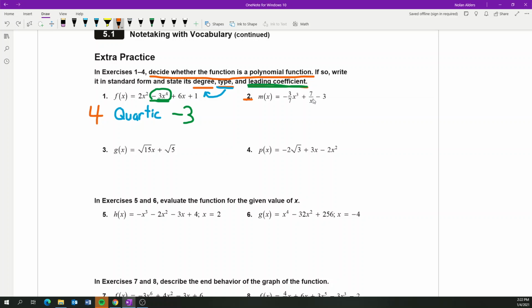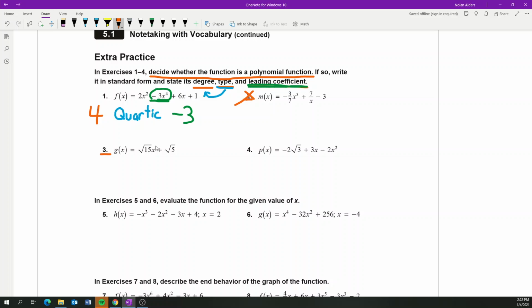Anytime you have an x in a denominator, the exponent's going to be negative. And so since that x is in the denominator, this is not a polynomial function.